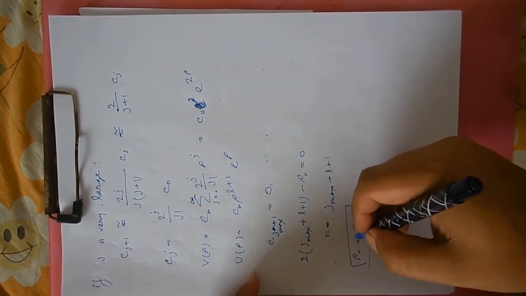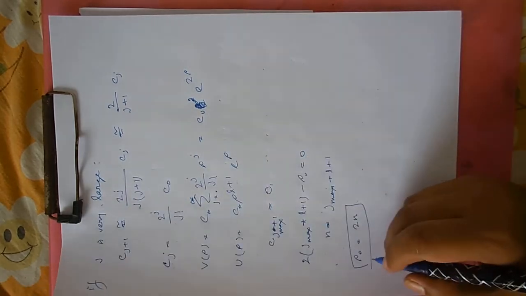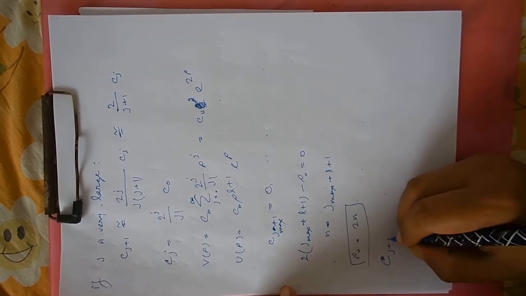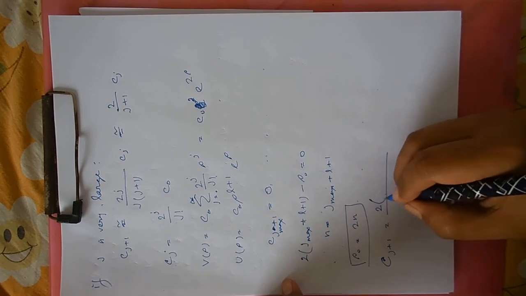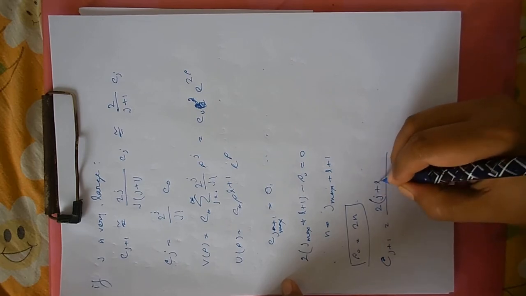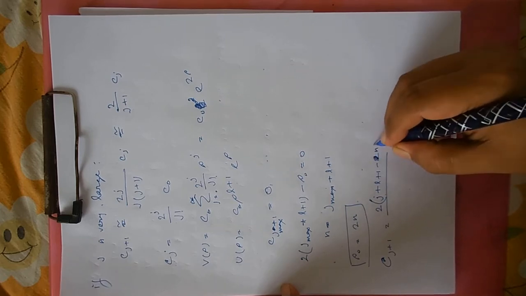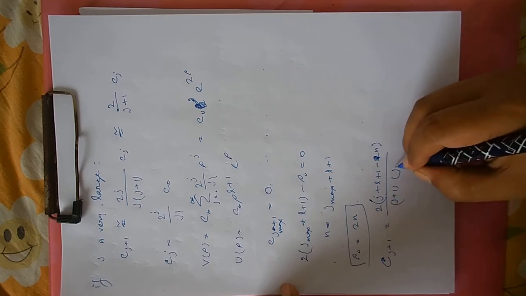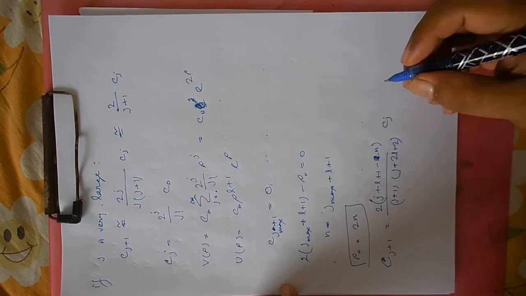Now if you put this in the recursion relation, you will get c j plus 1, okay, 2, if you take a bracket, j plus L plus 1 minus n, times c j, divided by (j plus 1)(j plus 2L plus 2).